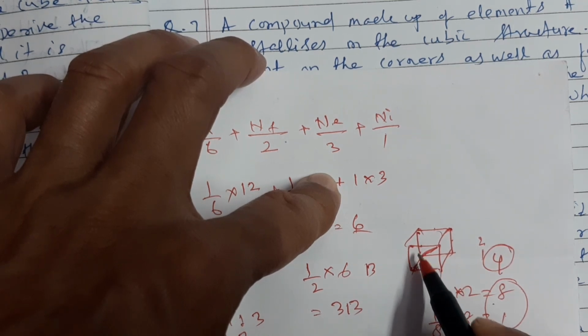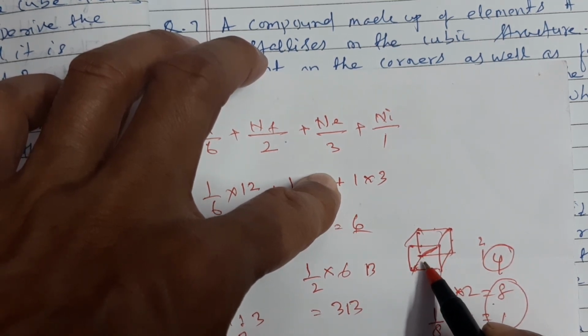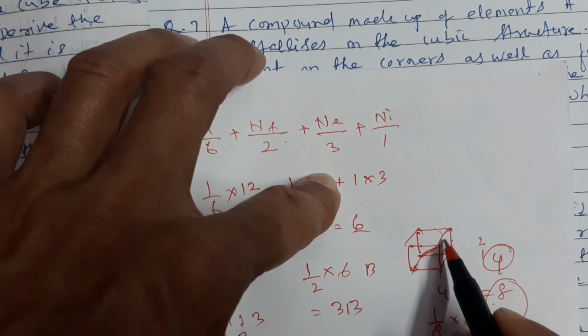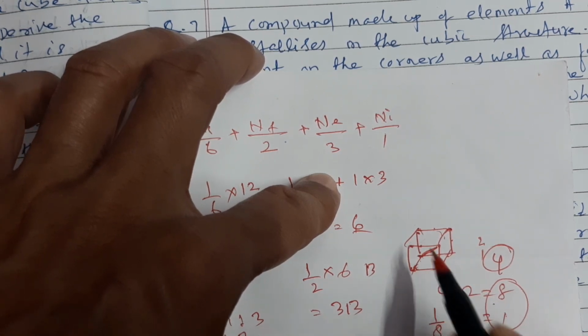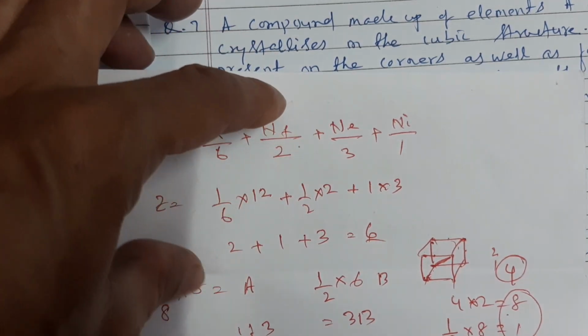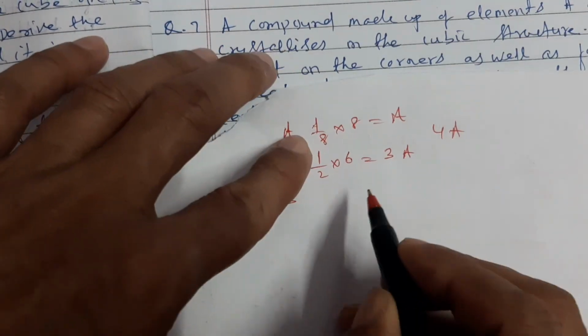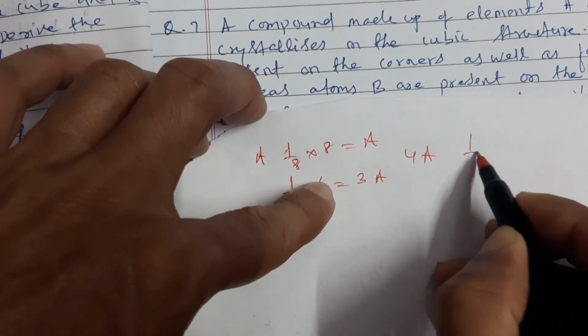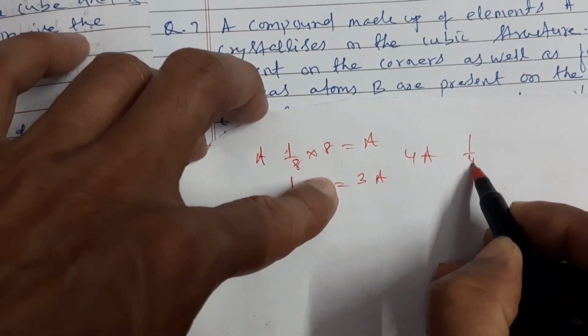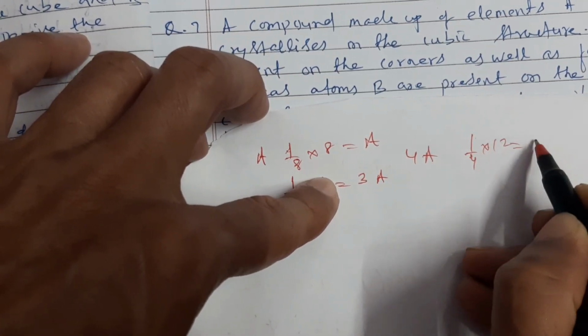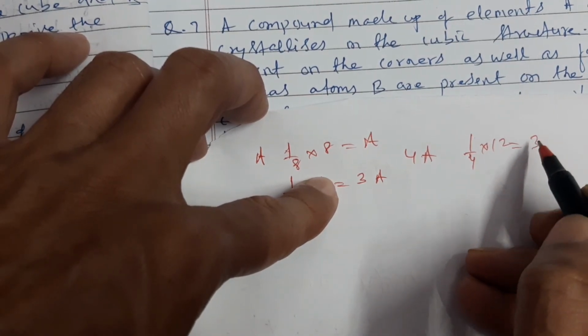This side 4 and this side 4, so it is 8, and then another 4. The total is 12 edges. One edge is shared by 4 cells, so 12 edges give you 3.